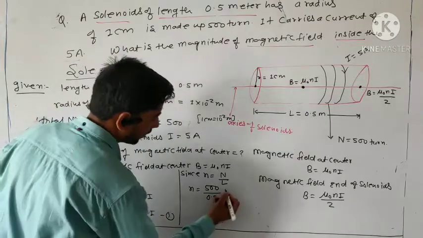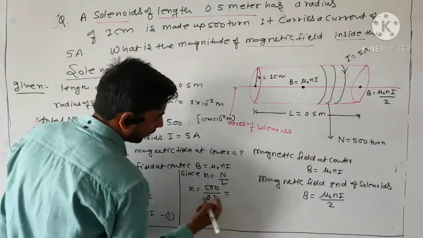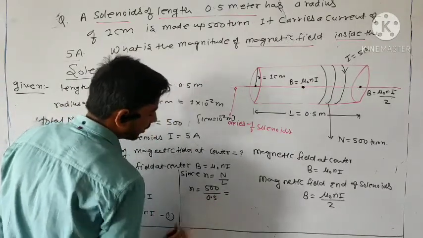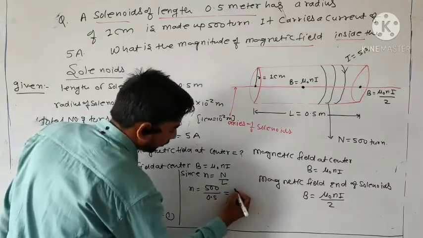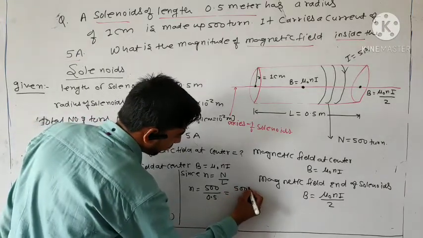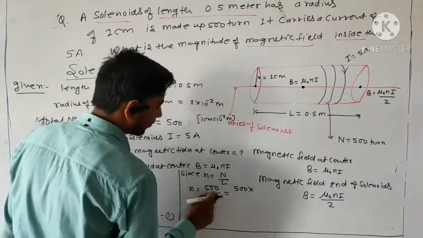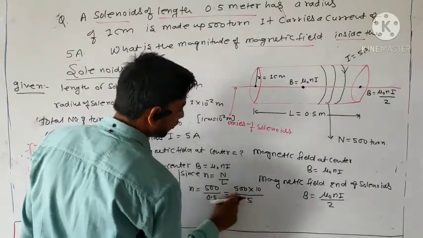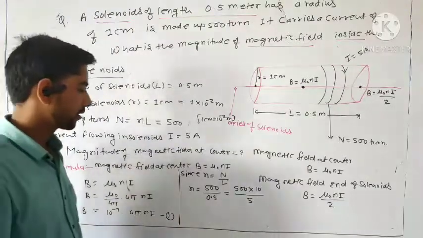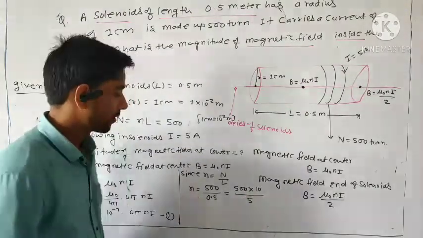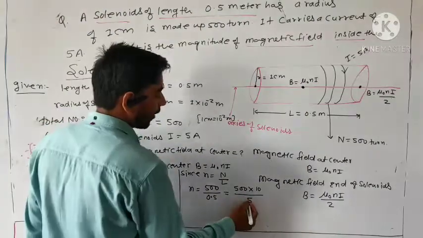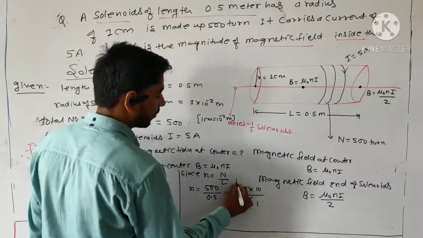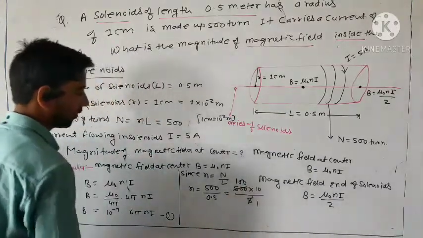Solve this. If you remove the decimal, in the place of 500 we can write 10 into 5, and now the decimal is converted to numbers. 100 fives are 500.